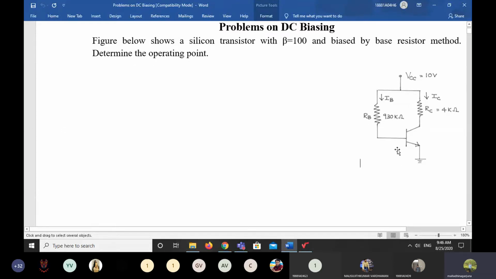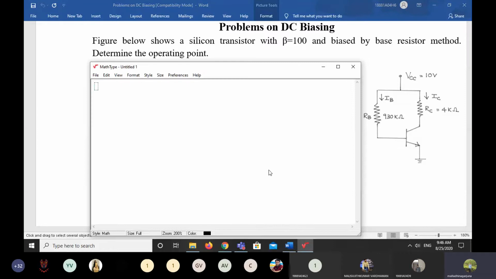So from VCC to here, you can write minus VCC plus RB IB plus VBE equal to 0. This is the KVL equation for the input loop.